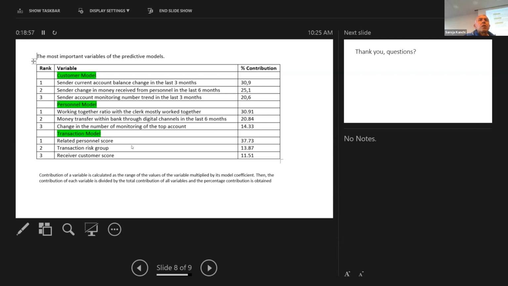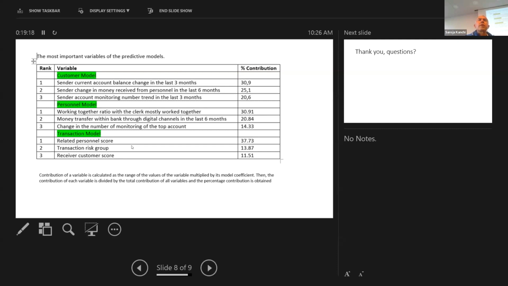For the personnel model, the working together years ratio with the clerk he mostly works with. So there are customer representatives and there are clerks. And the physical money transaction occurs with the clerk.